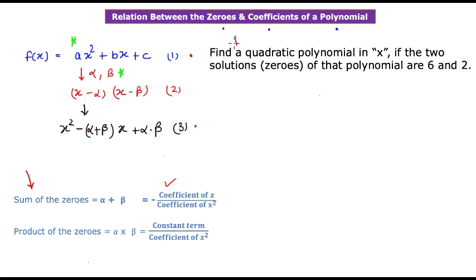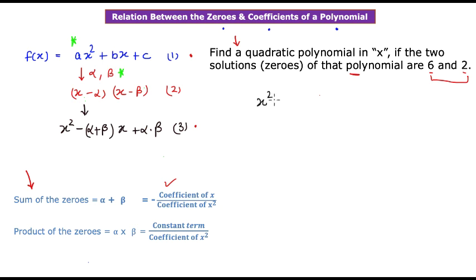In this example, we have been asked to find a quadratic polynomial in x if the two solutions, the zeros of that polynomial, are 6 and 2. Meaning, we could use either form number 2 or form number 3 to build the polynomial that we want, because we already have these two zeros, right? I would pick form number 3 because it's very easy to handle.